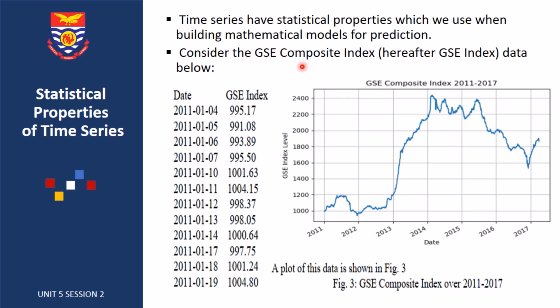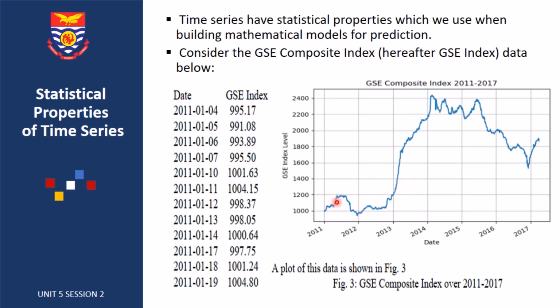Speaking on the statistical properties of time series, there is a need for us to understand that there are several properties of time series analysis. Consider the Ghana Stock Exchange Composite Index in our diagram, that's figure 3.